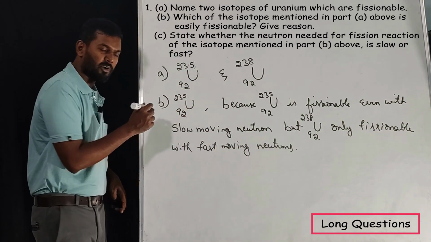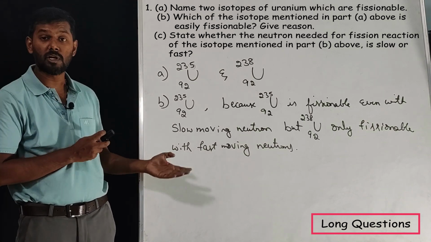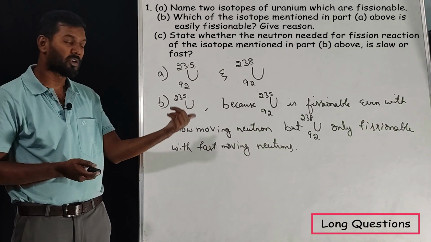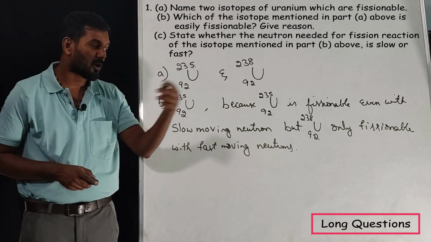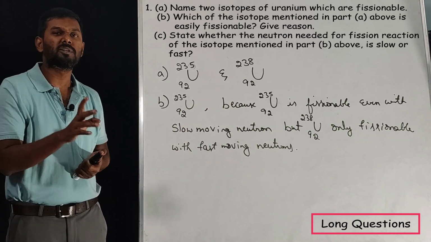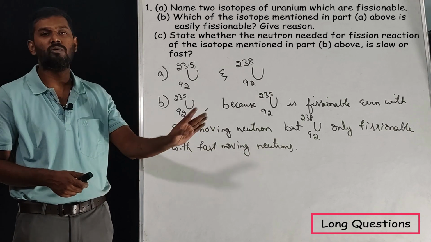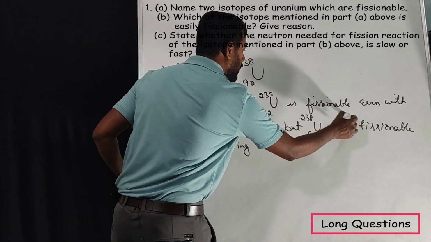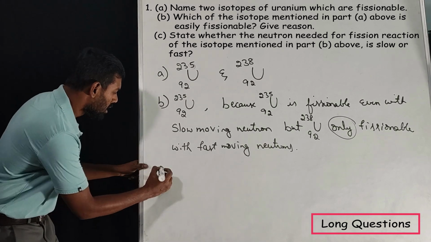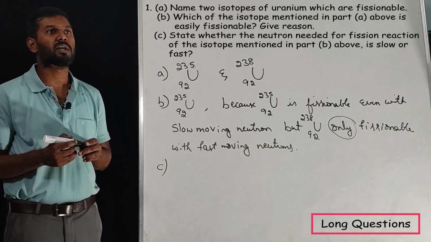See, uranium-235 92 can be fissionable with slow moving neutrons as well as fast moving. But uranium-238 92 is only fissionable with the fast moving neutrons. That's it. This is very much important. Then we'll go for question C.